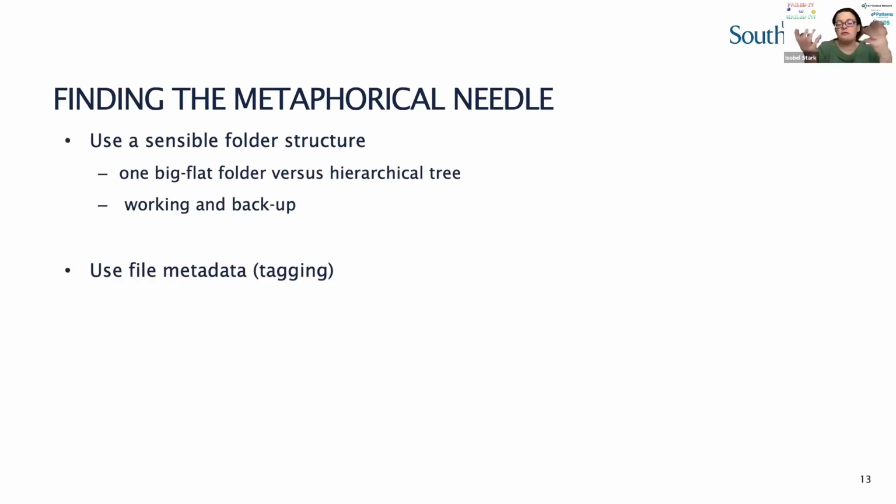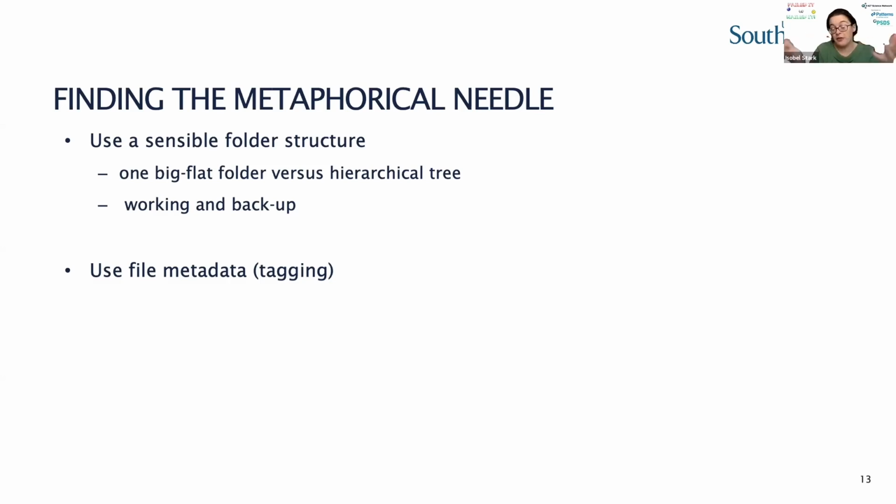So again, folder structure: there is no one true folder structure. Sometimes a big flat folder will be better for the type of data you're bringing in and working with. Other times you might want a more hierarchical tree. You may want to have your working folder and then backup folders, which aren't backups like the storage backups we're talking about, but just earlier versions that you can easily roll back to.